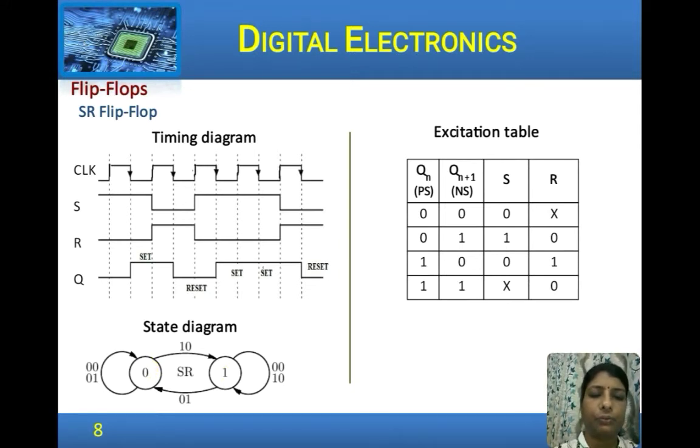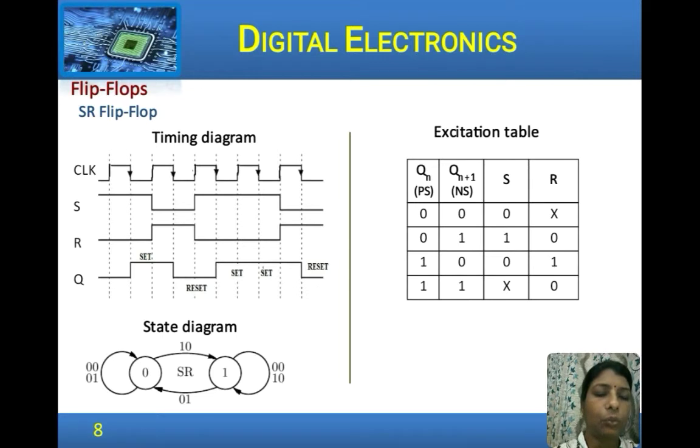So, draw those two. When a flip-flop is in state 0, if an input 0, 0 is given, the output is 0. We have already seen that in the truth table. When an input 0, 1 is given, it continues to remain in the same state. Whereas, if an input of 1, 0 is given, it moves to the next state 1.